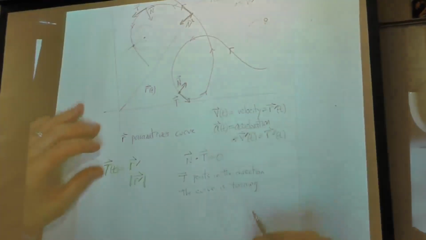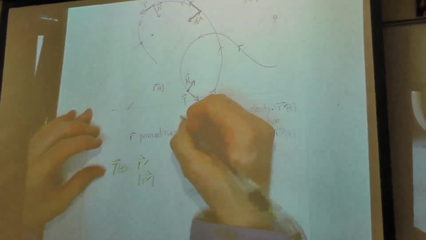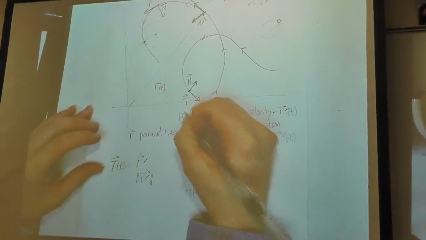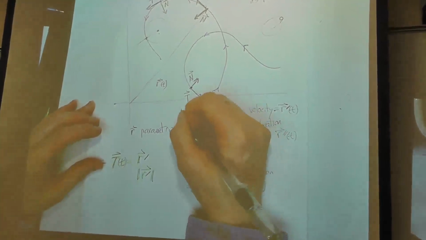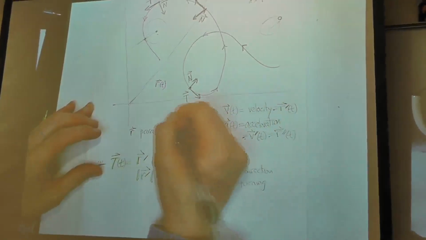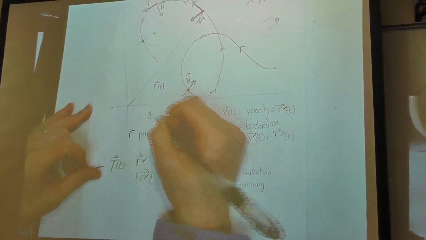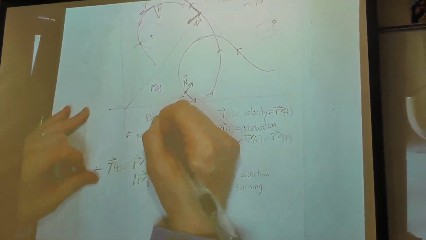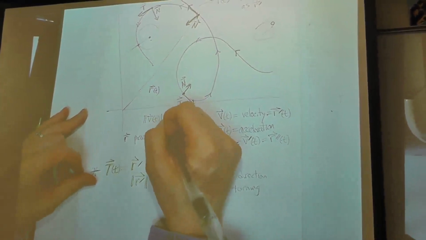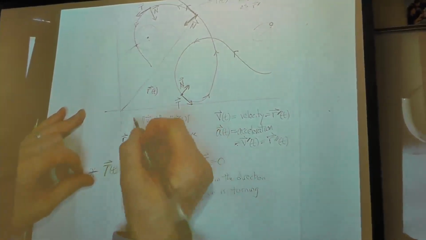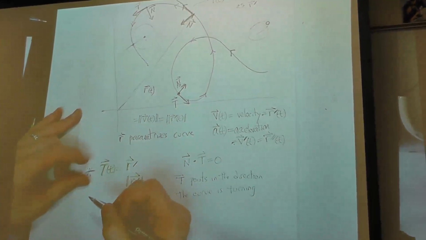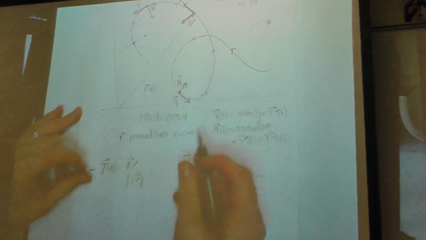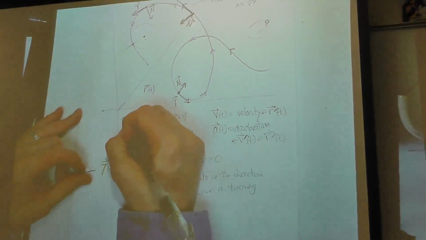The magnitude of R prime is the same thing as the magnitude of velocity, and we call that speed, just magnitude of velocity.